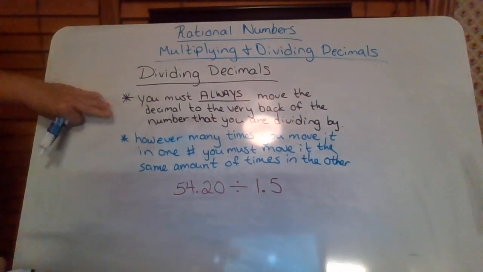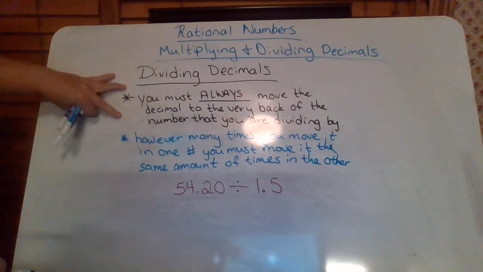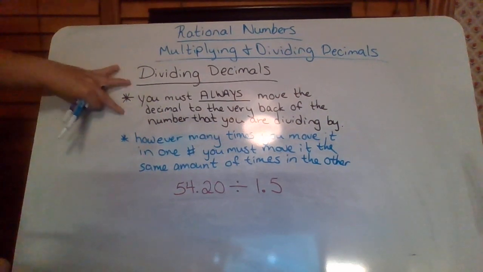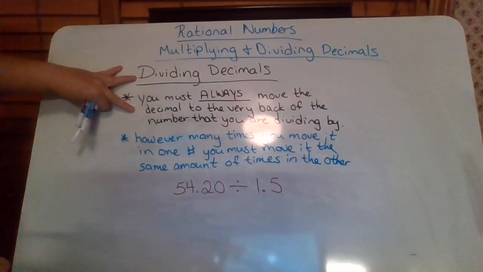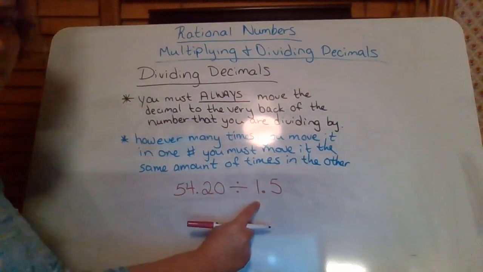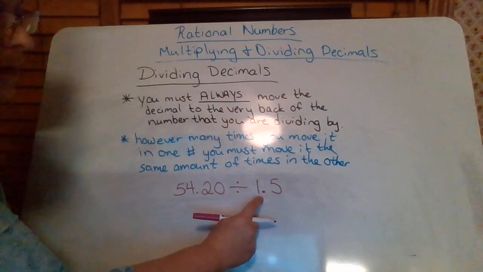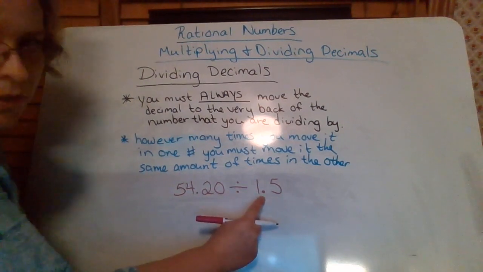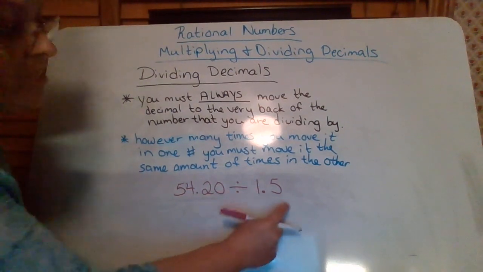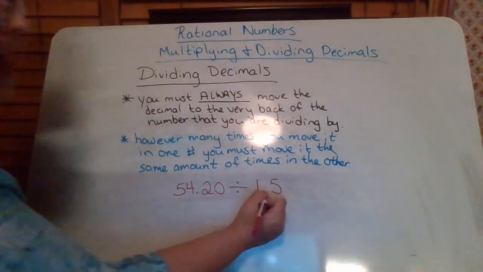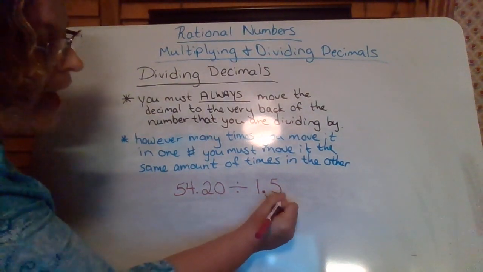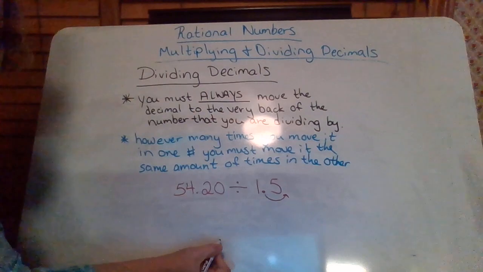All right, so what this means up here, this very first one, you must always move the decimal to the very back of the number that you are dividing by. That means this number right here, I'm dividing by 1.5. That decimal can't be in the middle of the number. It has to move to the back. So I'm going to have to take this decimal and I'm going to have to move it back here.